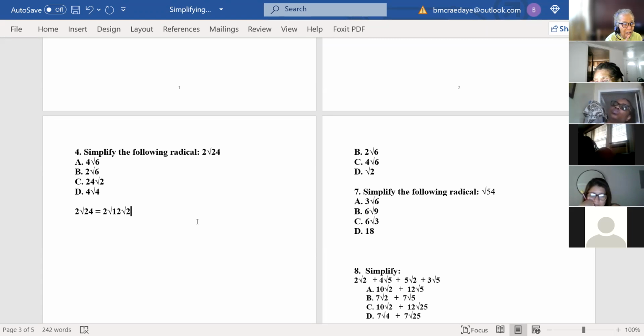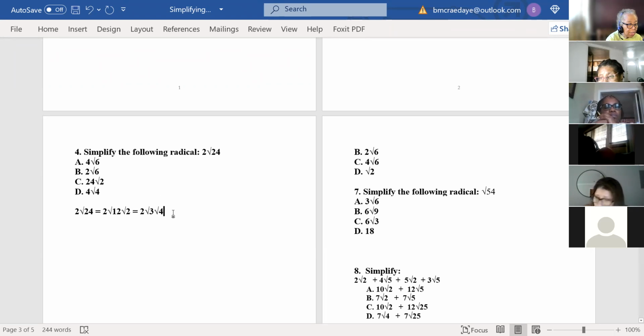You could say 3 and 4. I can't hear you. 3 and 4. Okay, so you want to take this and I'll copy this and put what you just told me, 3 and 4. So 12 becomes 3 and 4.